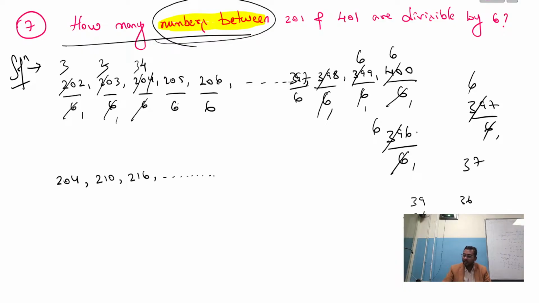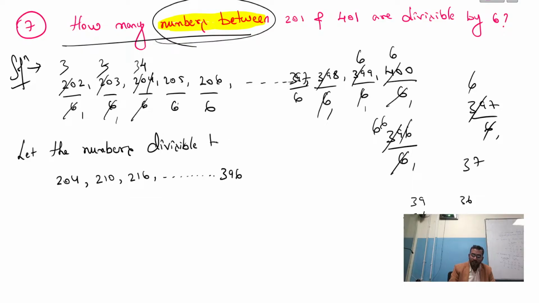Am I right? 3. No, it is 36. Okay. 6 sixes are 36. Am I right? Good. So what is the last number divisible by 6? That is 396. Now here first we should write: let the numbers divisible by 6 be 204, 210, 216 and 396.